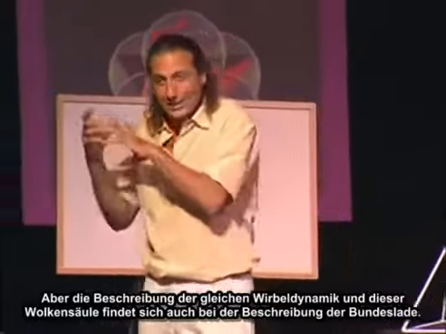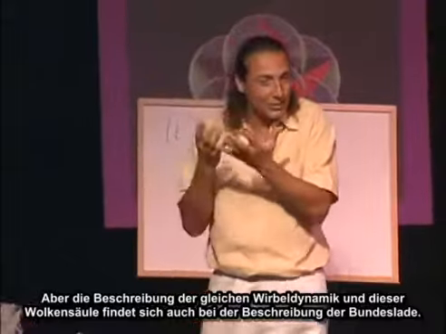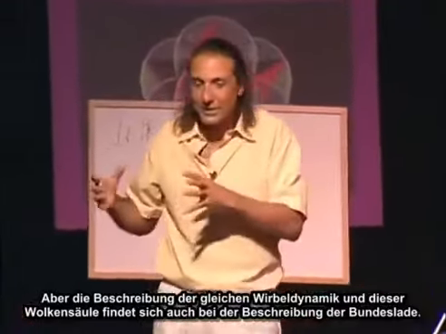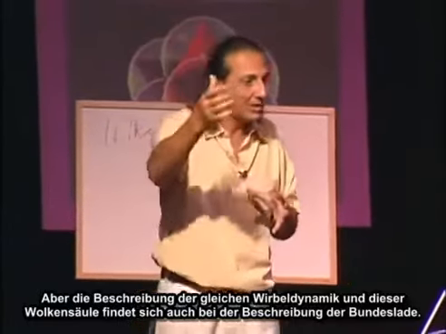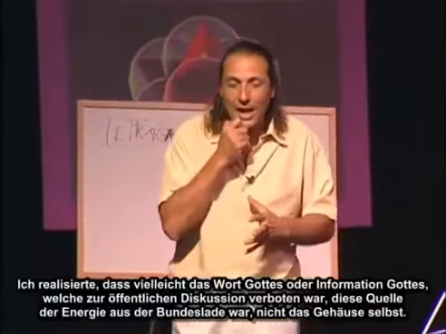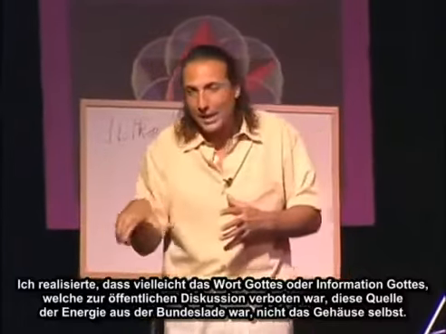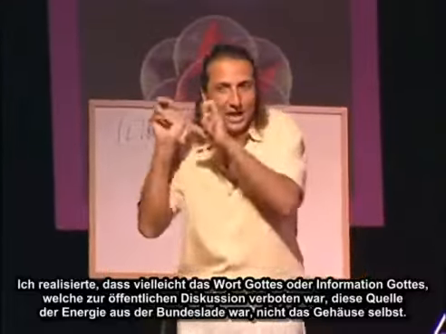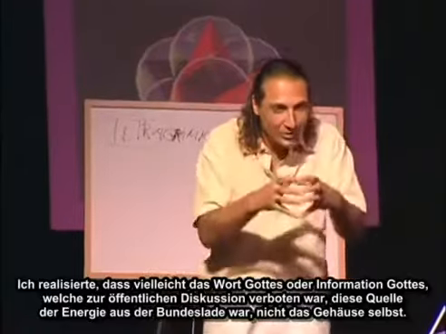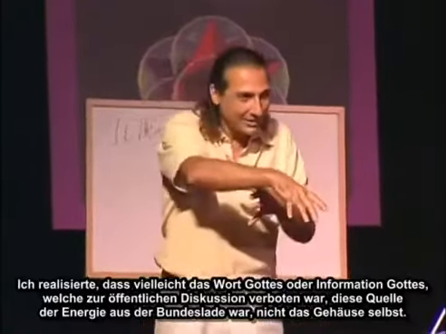But the same description of this vortical action, the cloud pillar, is given when it's describing the Ark of the Covenant. So I realized, wait a minute, maybe the Word of God, the information of God that was not allowed to be discussed, was the part about the source of the energy of the ark, not the box.